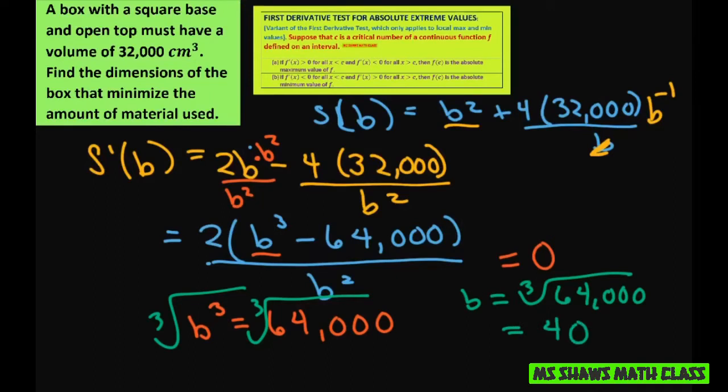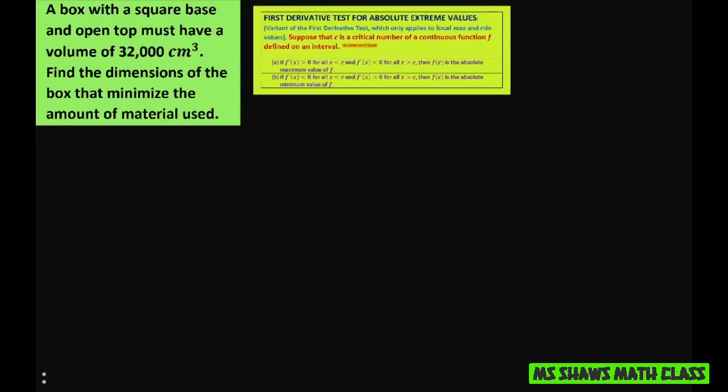So now that we have our B, that's our critical number. That's our C. So we want to minimize. So we're going to plug in some points for less than 40 and greater than 40. We can't go lower than 0, but we can test for 0 less than B, which is less than 40.